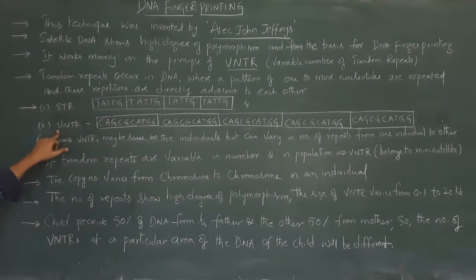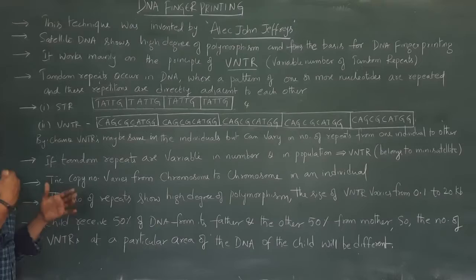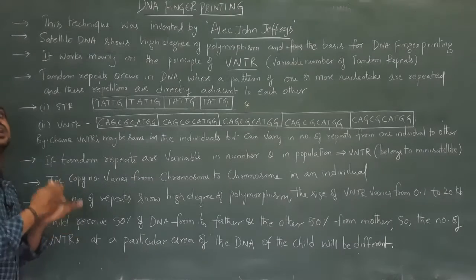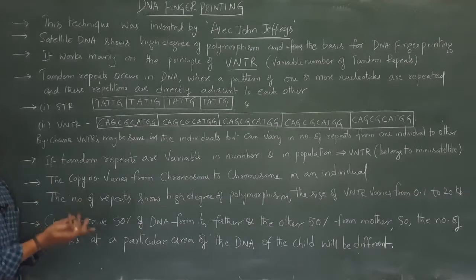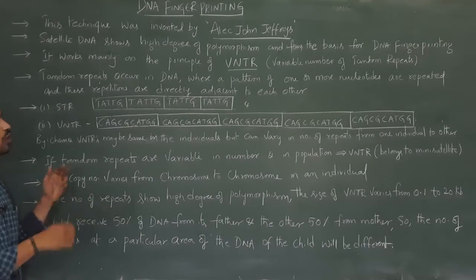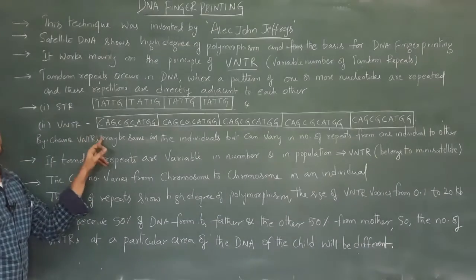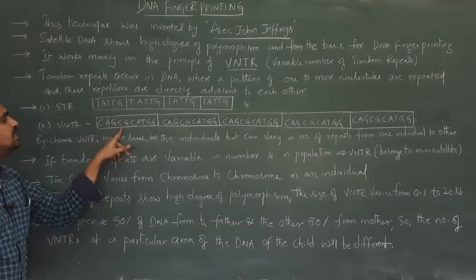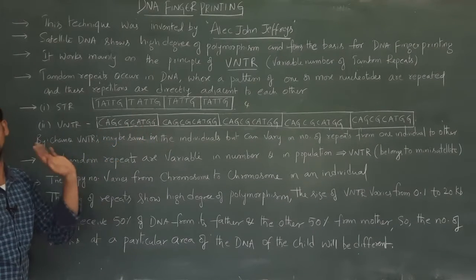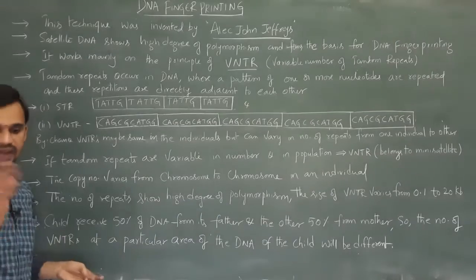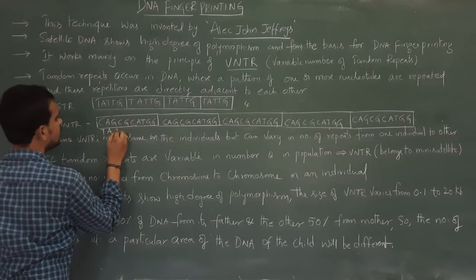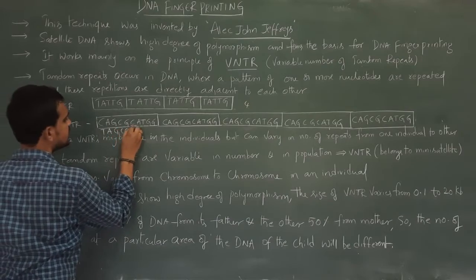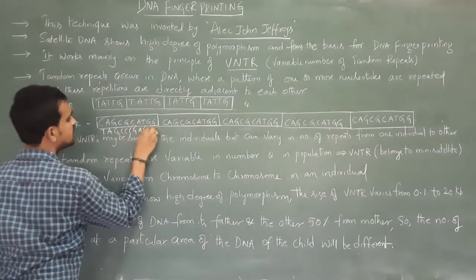Now coming to VNTR, variable number of tandem repeats. The tandem repeats are different from one person to another person in the population, and different types of tandem repeats are present. Then it is called variable number of tandem repeats. So CAGC, GCA, TGG. This is one repeat. If you take another one, TA, GC, CCG, A, GG, C. This is another.